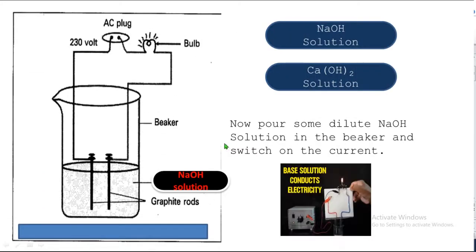Next slide. Prepare the NaOH solution. Previously, just pour the sodium hydroxide solution in the beaker and switch on the current. The bulb glows.